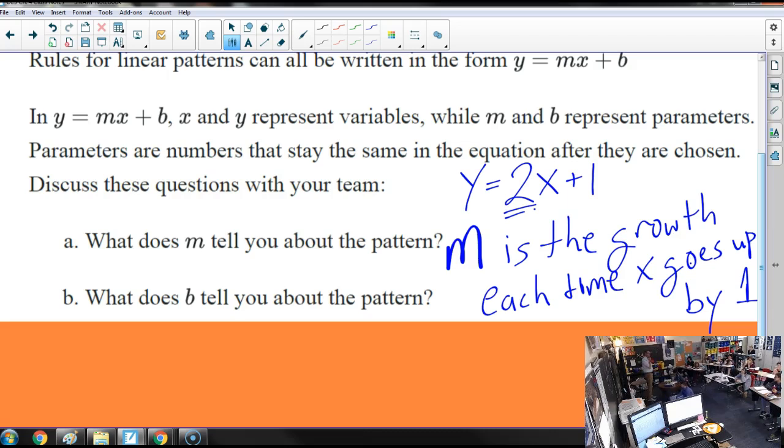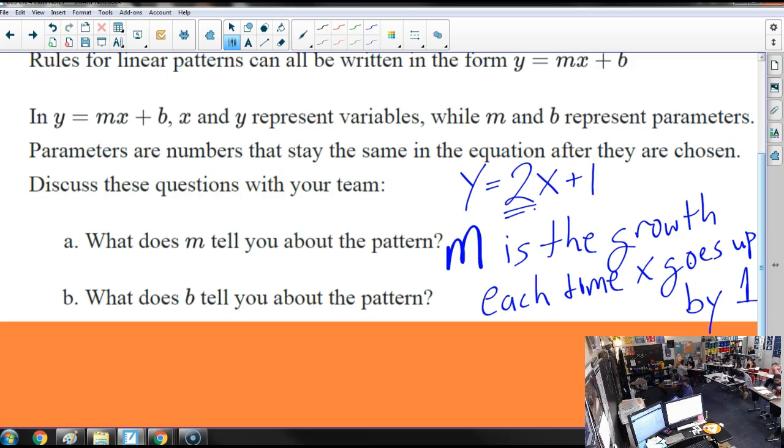Turn to your neighbor and talk about what the B means. So what's the B value tell us? No, you guys are talking. I'm talking too.